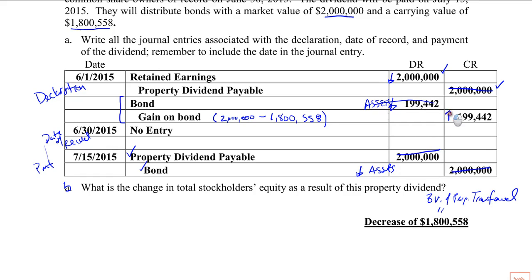But this is a decrease in stockholders' equity of $2 million, and an increase in stockholders' equity, so the $2 million debit net of the gain of $199,442 is a decrease of $1,800,558.